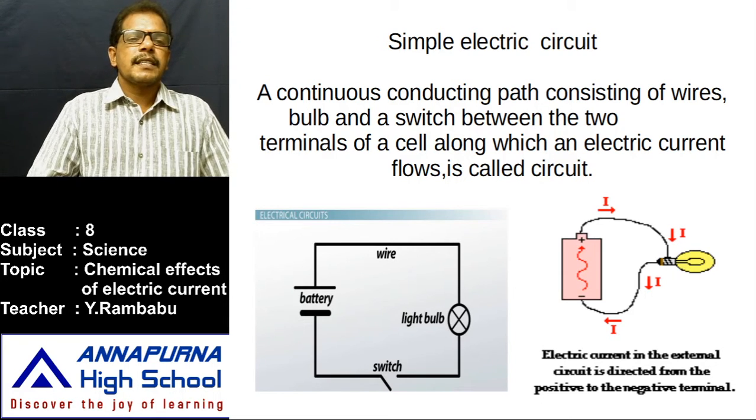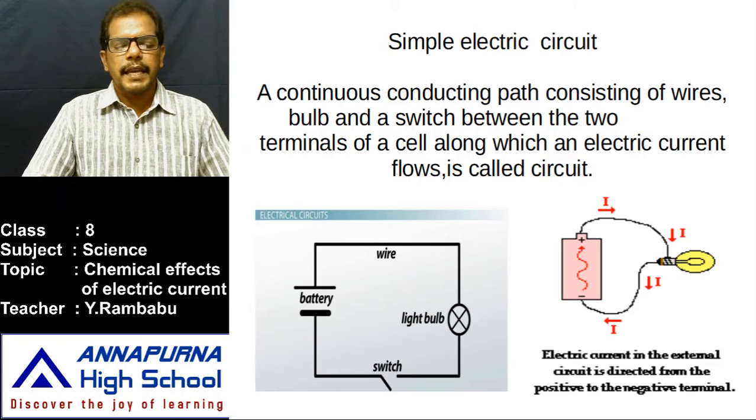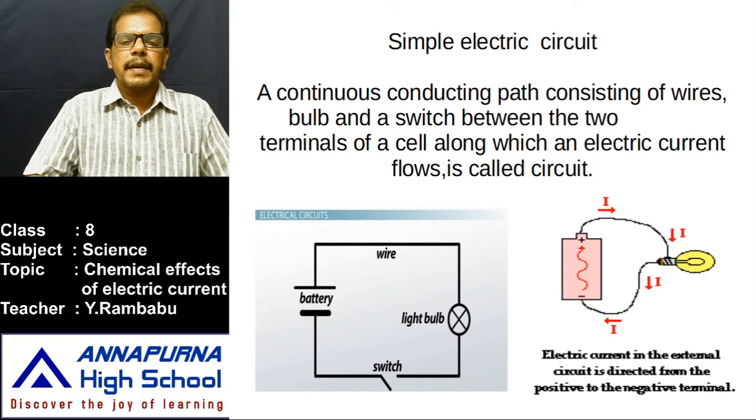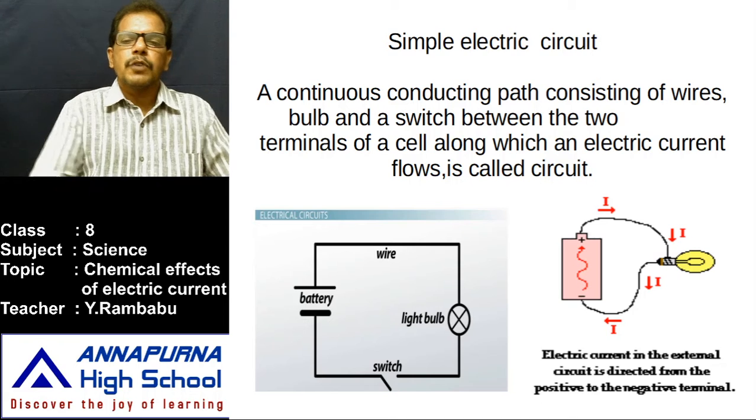Like that, if there is a continuous and closed path for the flow of charges, simply that is called a simple electric circuit. This circuit consists of a power supplier, the battery, and a power utilizer, the bulb, and this power supplier and power utilizer are connected with conducting wires with the help of a switch to close or to break the circuit.